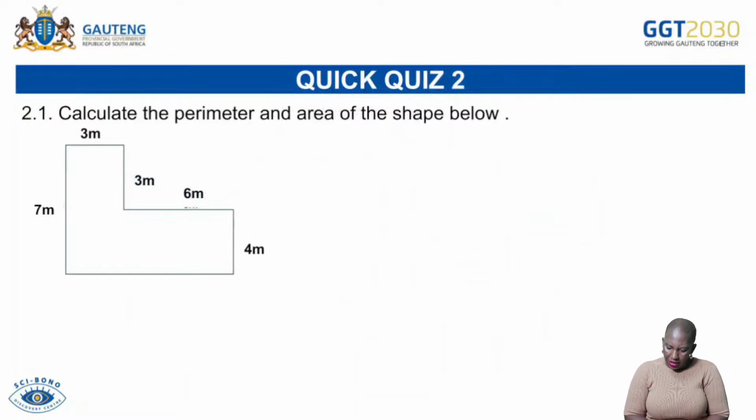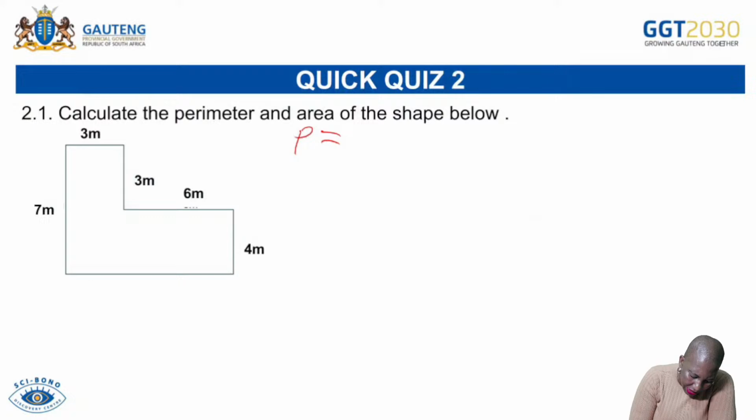Now let's quickly have a look at this one. Now with this one, we are saying calculate the perimeter and the area of the shape below. Let me start with the perimeter. Remember I said I'm only adding all the sides, irrespective of the shape.